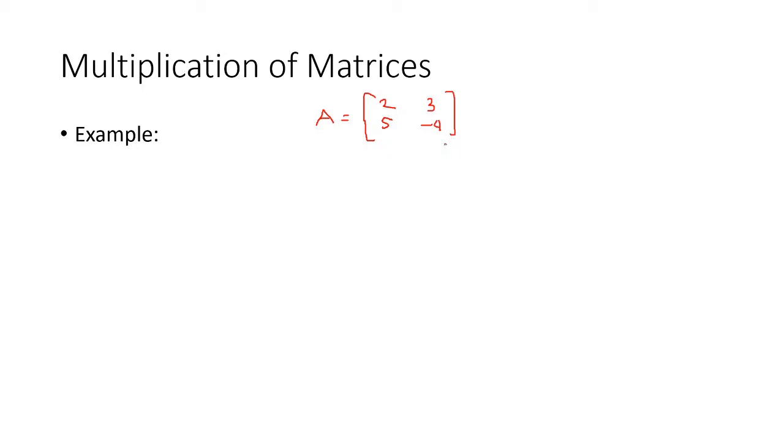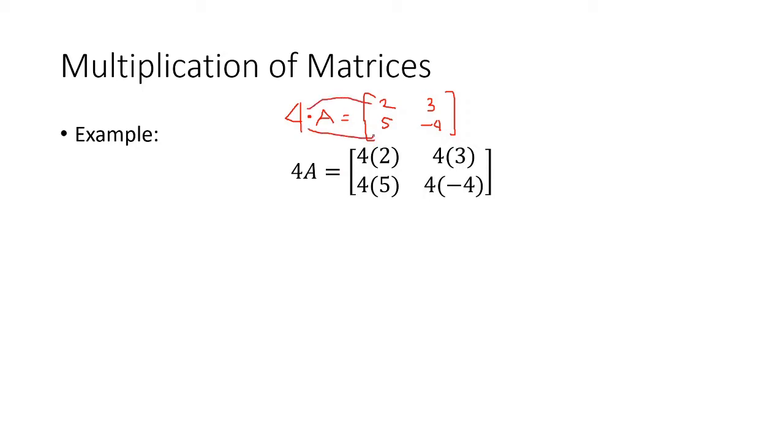Let's say, for example, we have our original matrix A. Then we plan to multiply a constant 4 here. So this is just going to be 4A is equals to 4 will be distributed to all the elements involved in the matrix. So 4 times 2, 4 times 5, 4 times 3, 4 times negative 4.